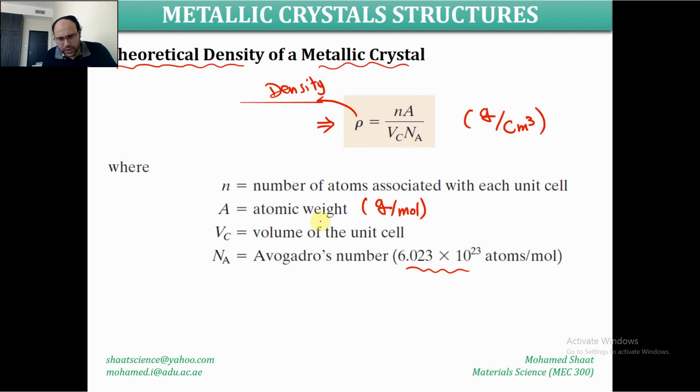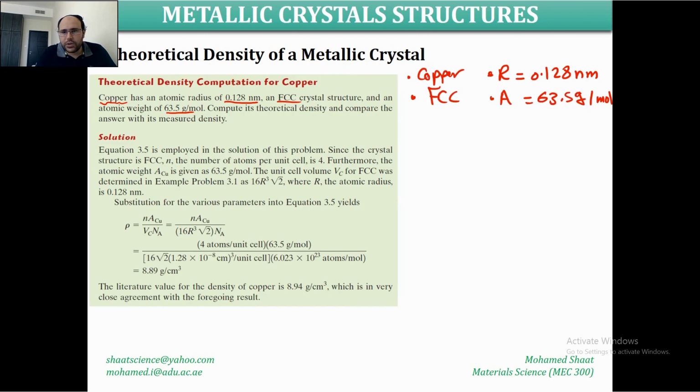If you have the atomic weight in grams over mole, and you plug in the Avogadro's number, which is just a number, and you calculated the volume of the unit cell in terms of centimeter cube, your objective is just to calculate the volume of the unit cell in centimeter cube. The atomic weight in many cases will be given in gram over mole. Then you plug this data into this relation, and definitely the density will be obtained in gram over centimeter cube. This is how you achieve consistency for these unit systems.